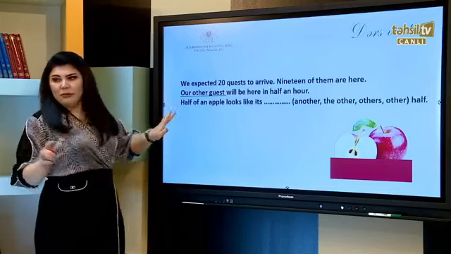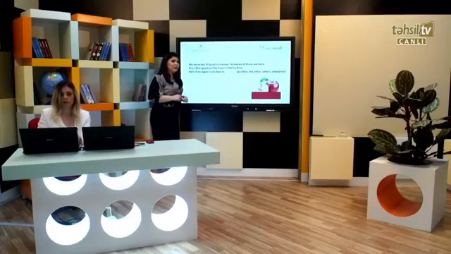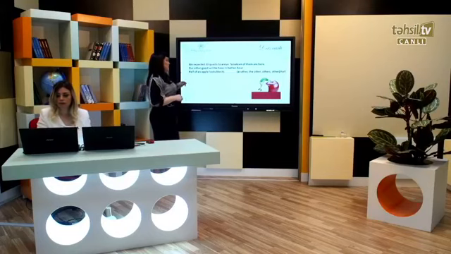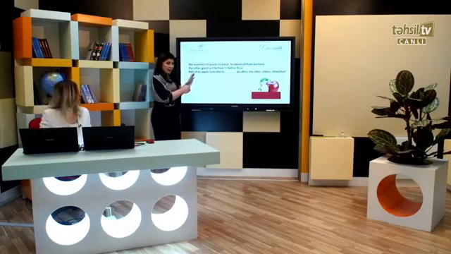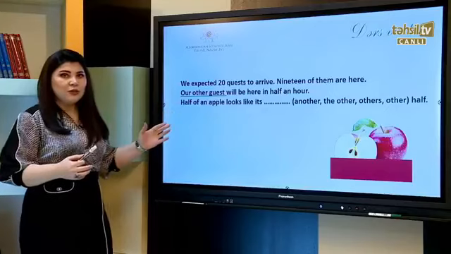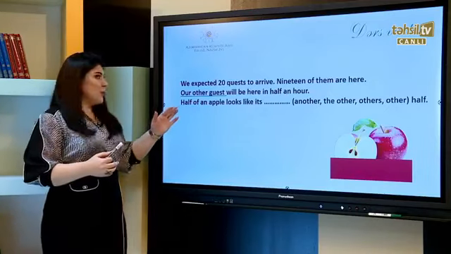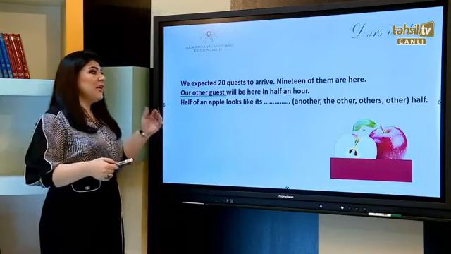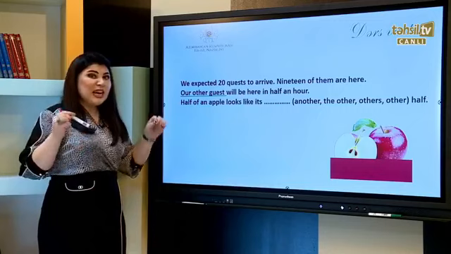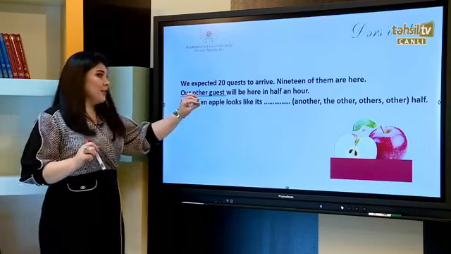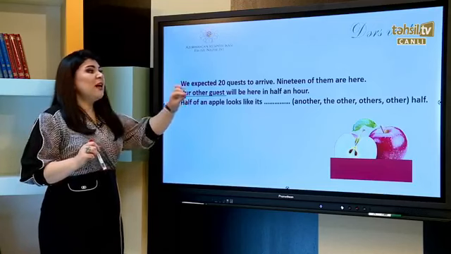And I remember Tamirlan Husseinli sent me one question to explain to him this moment. By the way, I have such question, a similar question in my slide. I would like to share it with you. Let's take a look. We expected 20 guests to arrive. 19 of them are here, because 19 out of 20. Our other guest will be here in half an hour.